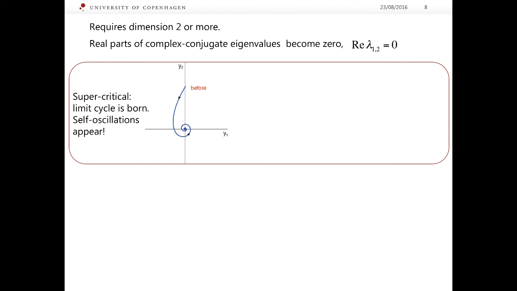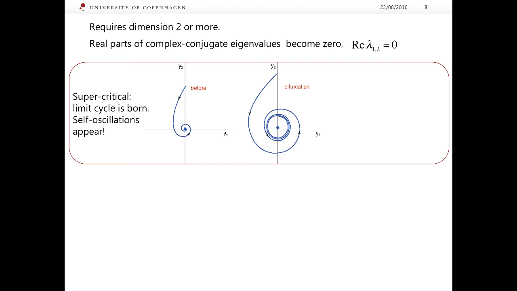Suppose the control parameter of this system is changing and approaching its bifurcation value. At the instant of bifurcation, the real part of the eigenvalues of the fixed point become 0, and the fixed point becomes a center.